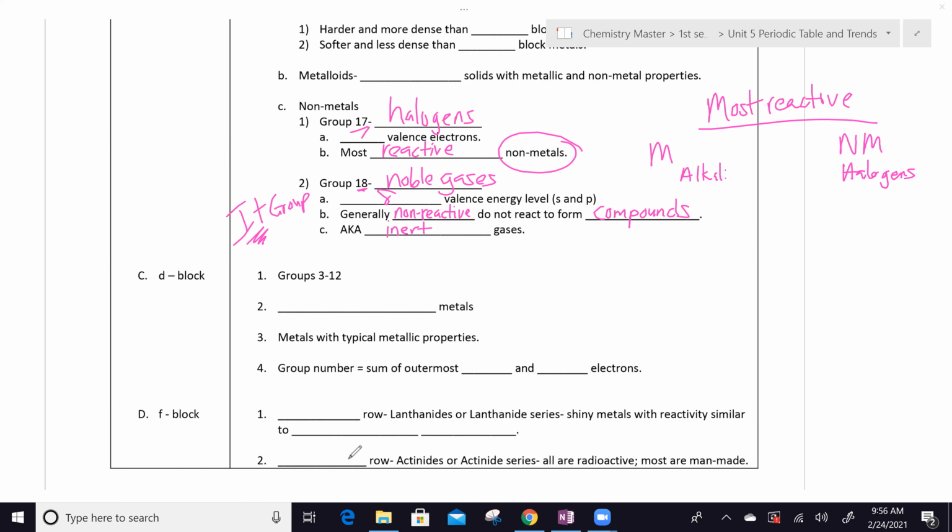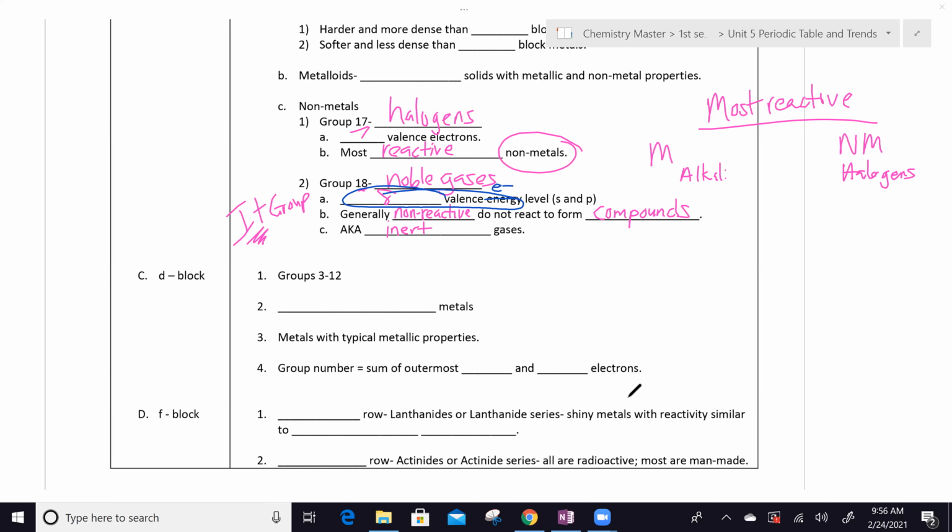Okay. All right. Let's talk about just for a second reactivity. The reason why group 18 is the it group is specifically because they have 8 valence electrons. Oh, wait, this should say electrons, but that's okay.